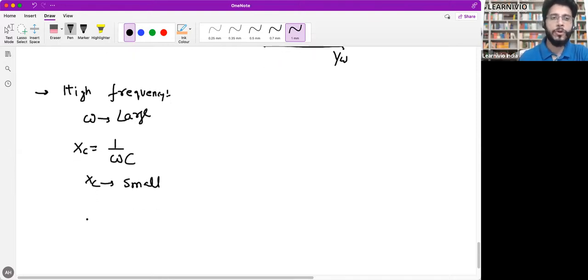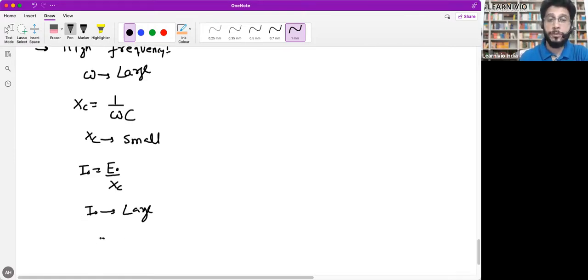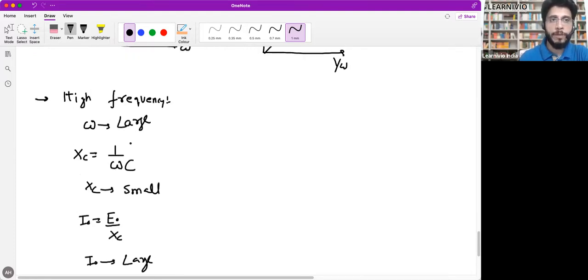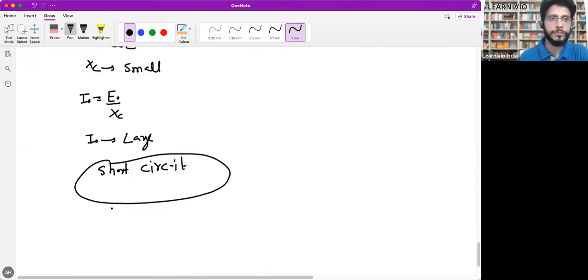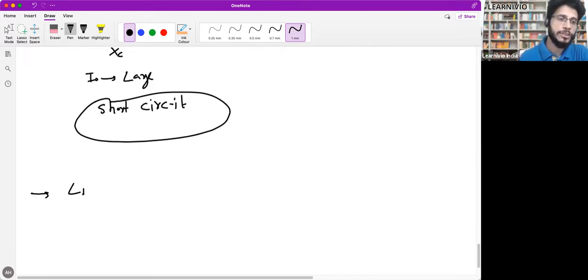If Xc is small and I calculate current as E naught by Xc, that means I naught is large. Large current means it will behave like a short circuit. If you remember, for the same high frequency, inductor was acting like an open circuit, but capacitor will behave like a short circuit.